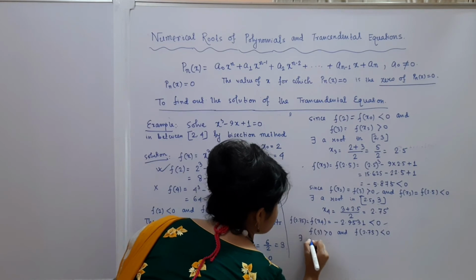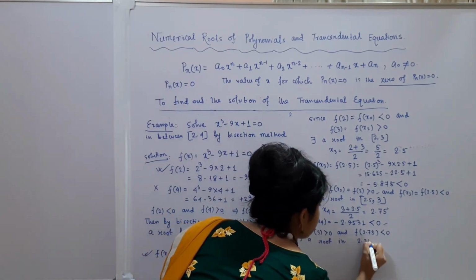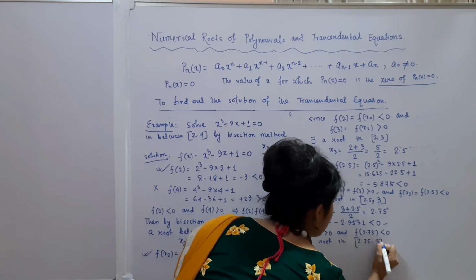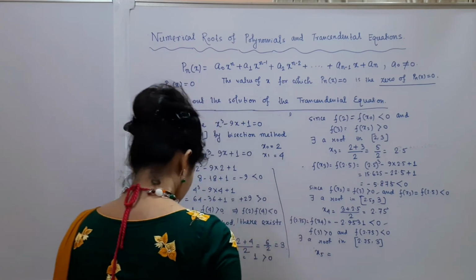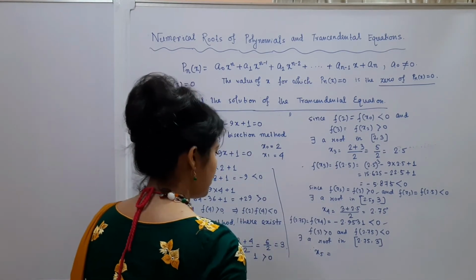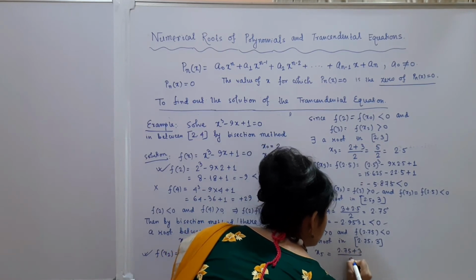So there exists a root in the interval 2.75 comma 3. The root should be x5, and this x5 will be 2.75 plus 3 by 2.